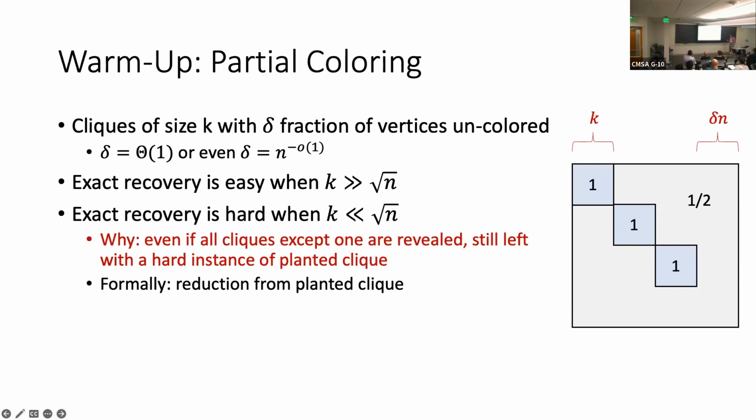But in this case, we can actually argue quite convincingly that this is optimal. The exact recovery is going to be hard when each clique is smaller than this. And the reason is quite simple.